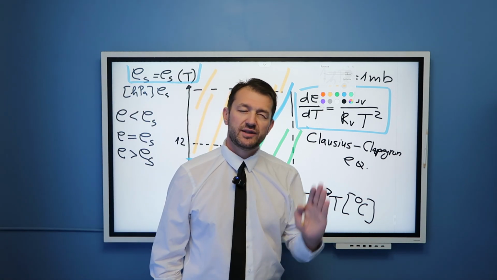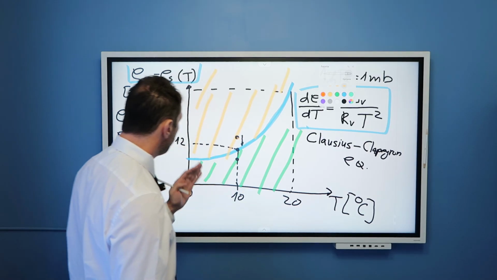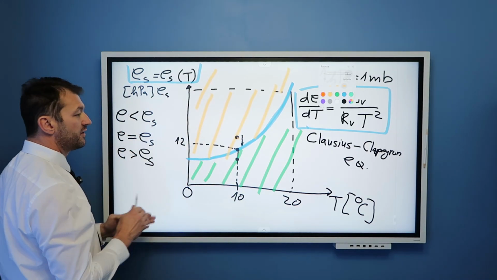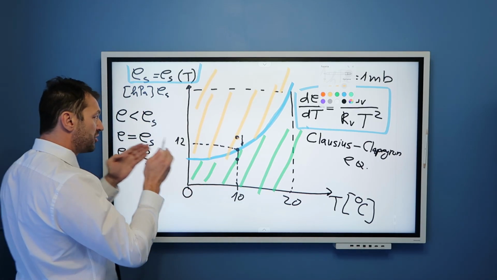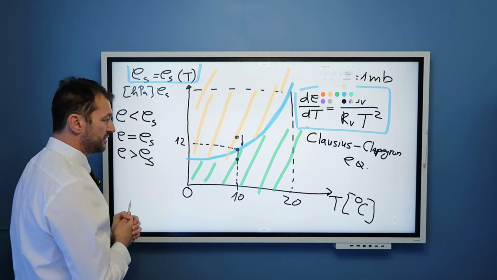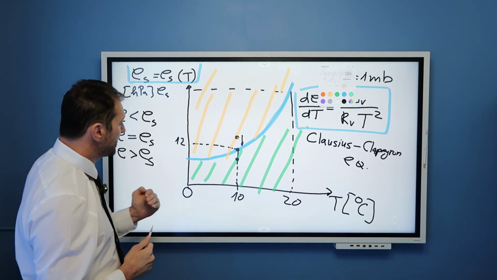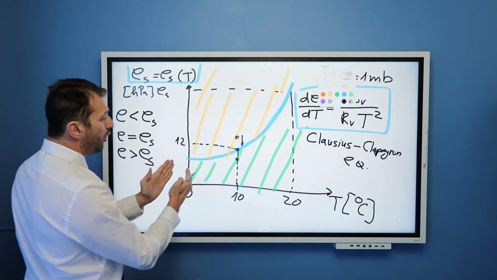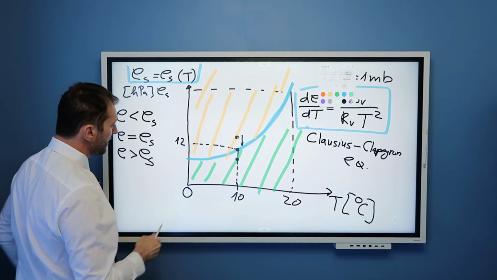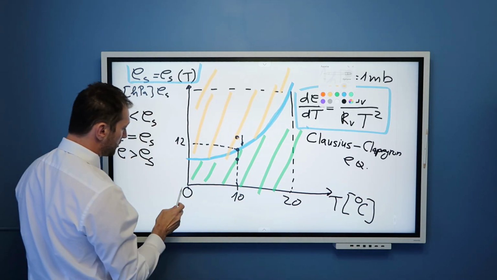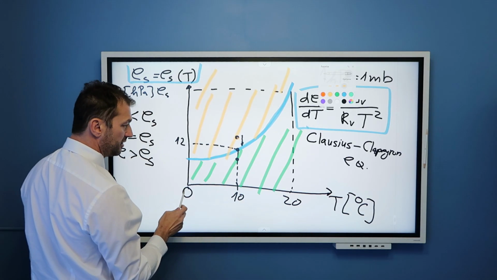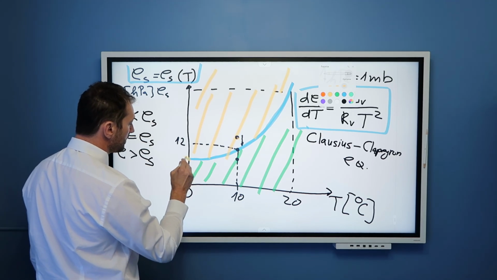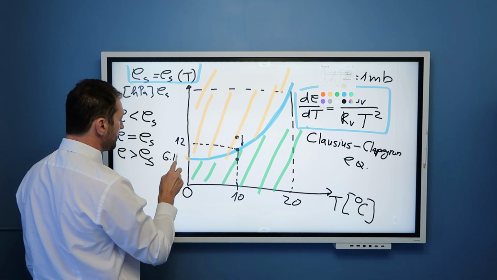Now I would like to discuss the difference between saturation vapor pressure over liquid water and saturation vapor pressure over ice. The reason we can discuss that to begin with is already obvious in this graph, because notice when temperature is at 0 degrees Celsius, freezing, this value over here is not 0, but rather 6.11.